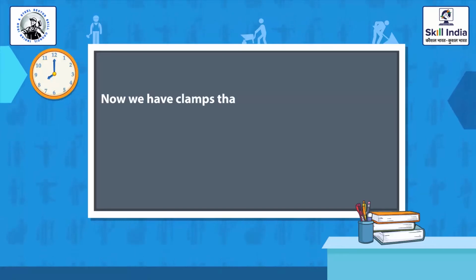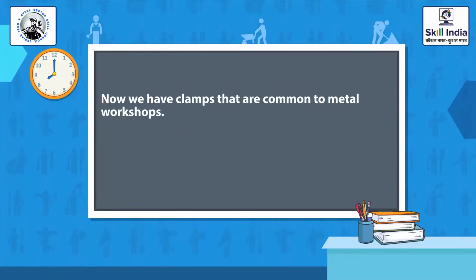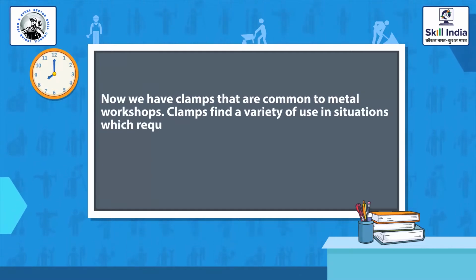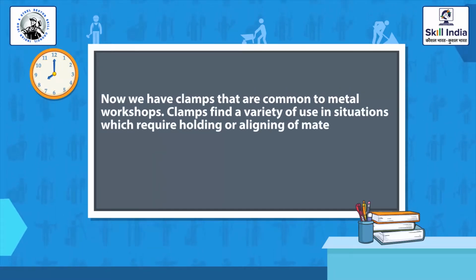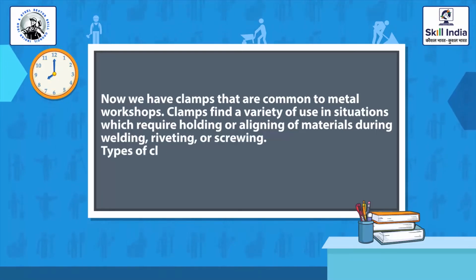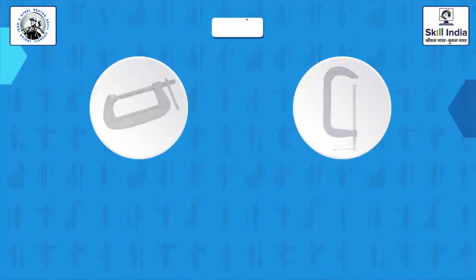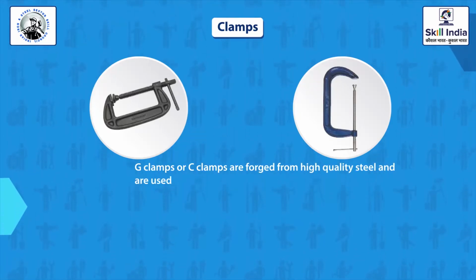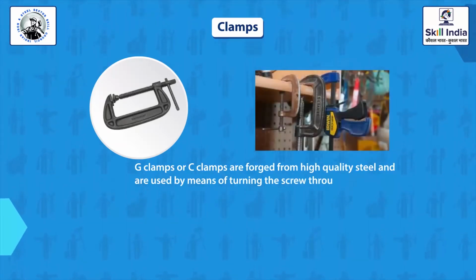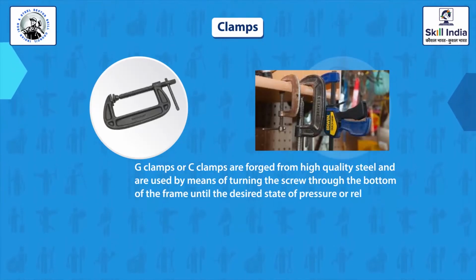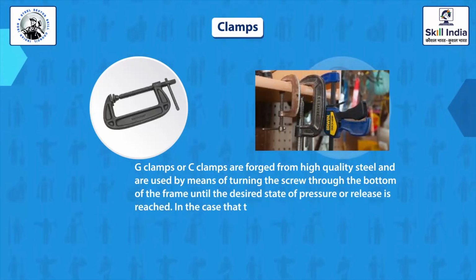Now we have clamps that are common to metal workshops. Clamps find a variety of use in situations which require holding or aligning of materials during welding, riveting or screwing. Types of clamps. G-clamps or C-clamps are forged from high-quality steel and are used by means of turning the screw through the bottom of the frame until the desired state of pressure or release is reached.